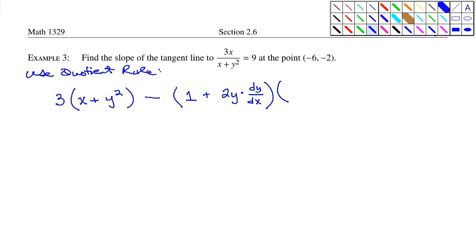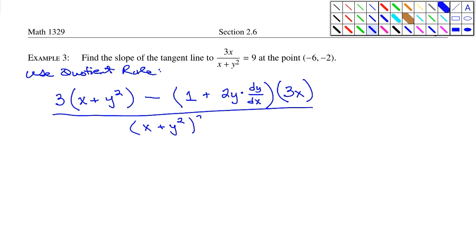Continuing with the quotient rule, we multiply by 3x. Then we divide by (x plus y squared) quantity squared, which is equal to the derivative of 9, which is 0. Now let me simplify this just a little bit.